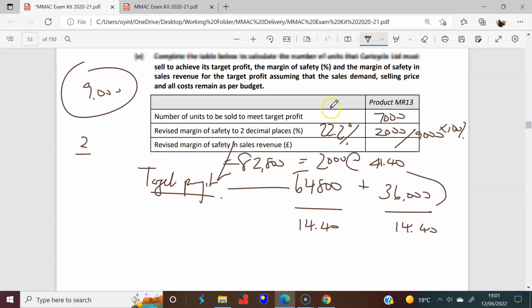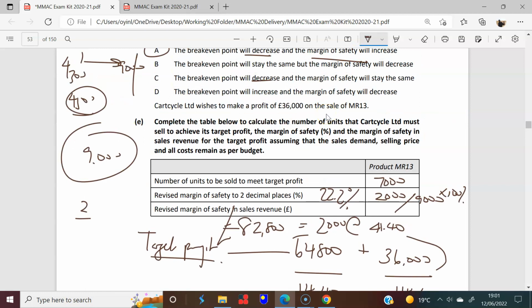So the key point here is to treat this new situation carefully, to treat the target profit as a fixed cost, as though you were covering any other fixed cost. So it's the same principle. How many units do we need to sell? How much contribution do we need to cover this target profit? And we get that.